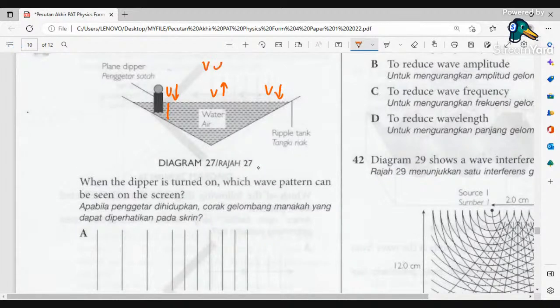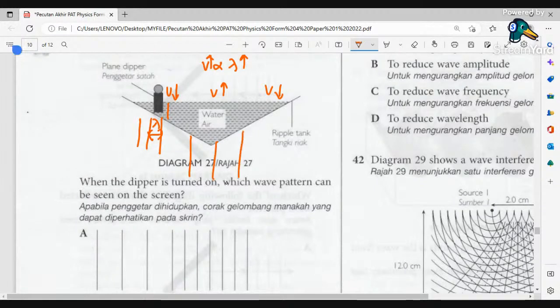Okay, kita tahu V directly proportional to lambda. When V increases, lambda increases. So if you want to draw the pattern for shallow part, short wavelength, for deeper part, longer wavelength. Apa maksudnya? Kalau you draw wavefront, short wavelength, length between two wavefront itu pendek.